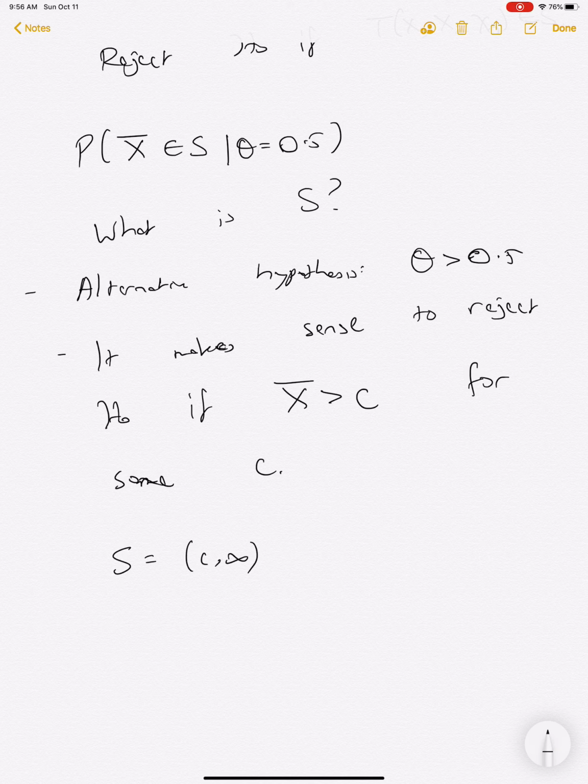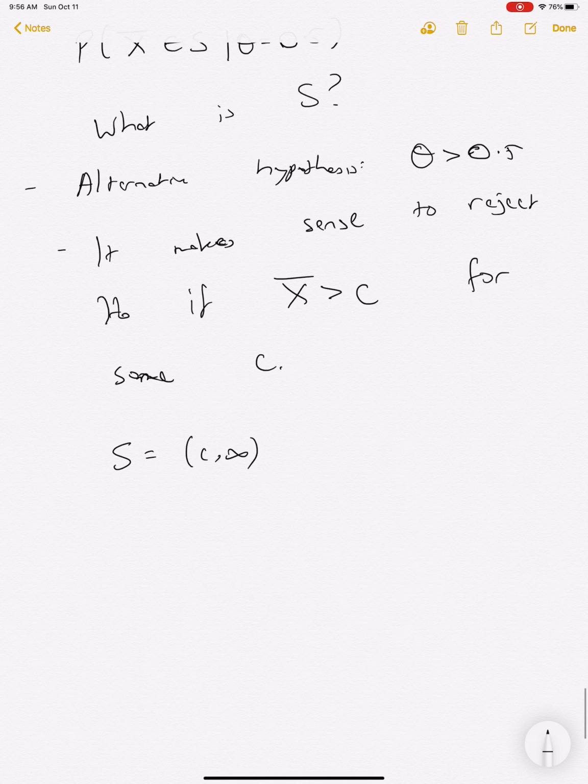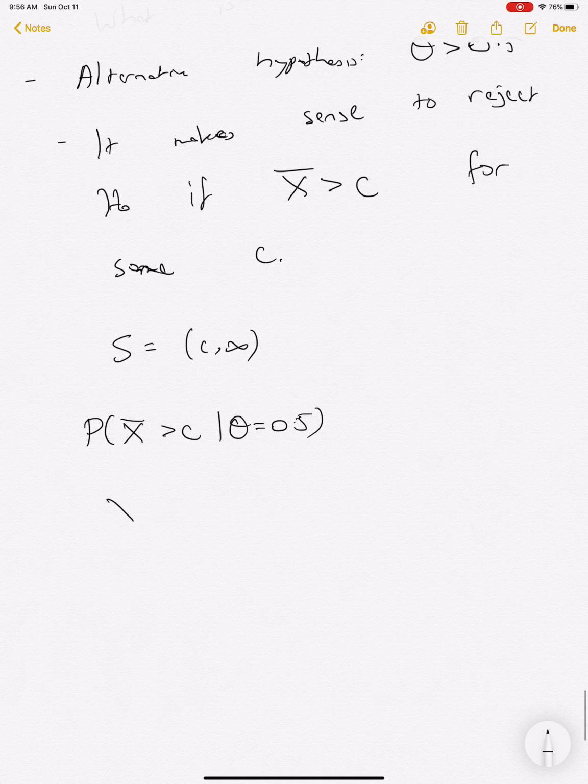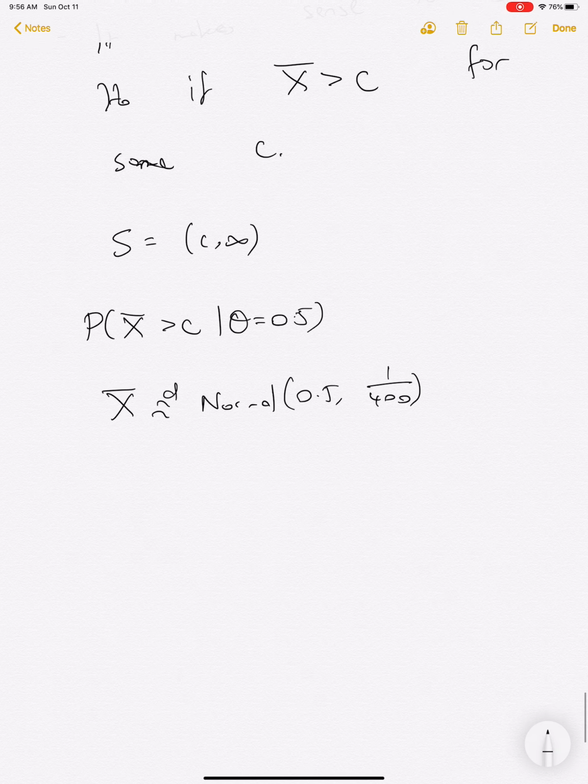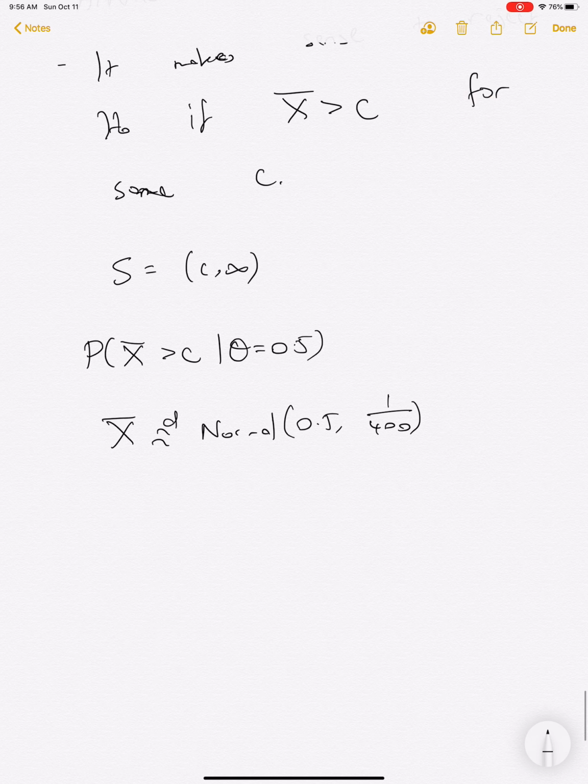So you have the probability x bar is bigger than c given theta equals 0.5. And you know that under H naught, x bar has the approximate distribution normal with mean 0.5 and variance 1 over 400.